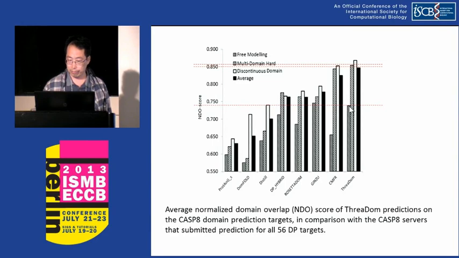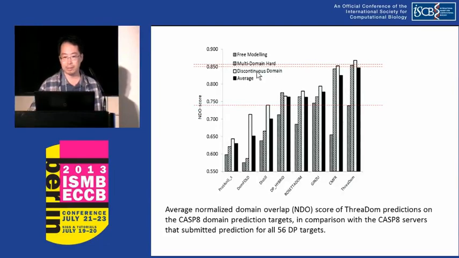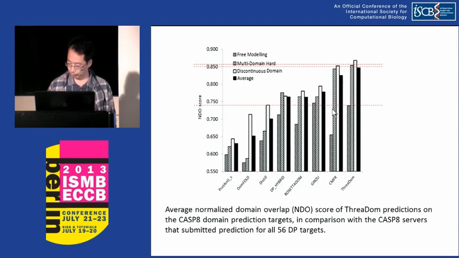There is a problem: for the free modeling test targets, ThreaDom is a little lower than Zhidong. The average on discontinuous domains and multi-domains is ranked first.